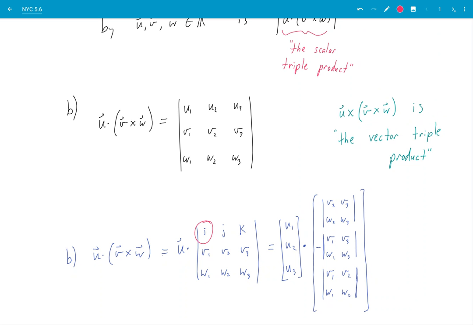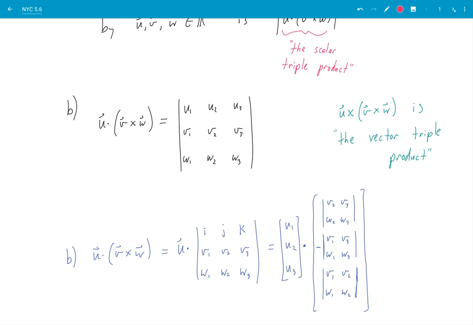When you take i times this determinant, that ends up as the first entry in a vector here. And when you take j times this determinant, not forgetting the minus, you end up with this as a second entry, and so on and so forth.